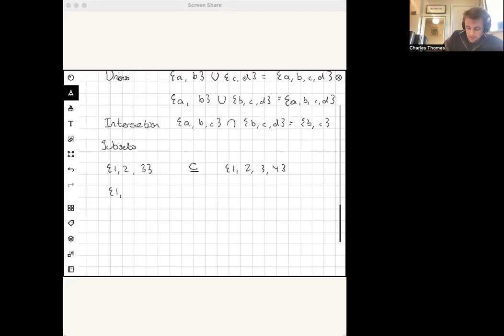If something is not a subset, like 1, 2, 5 and 1, 2, 3, 4 again, this is not a subset, so we put a line through it, because 5 is on the left hand side, but it's not on the right hand side.